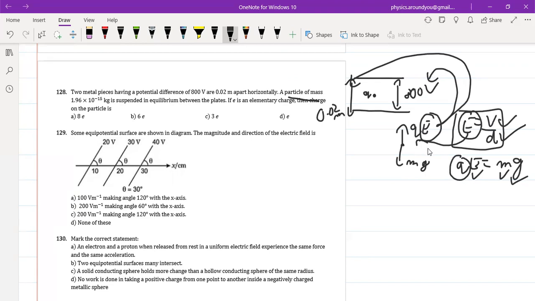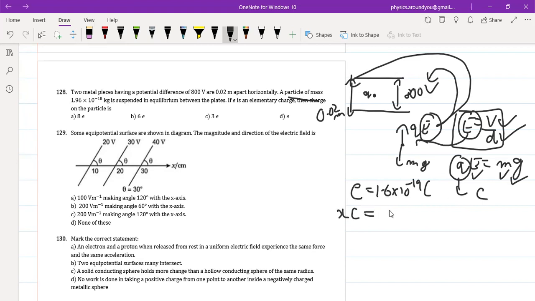What is the charge on that mass? There's a trick. Whatever you get here, it will be in coulombs. We know elementary charge is equal to 1.6 into 10 power minus 19 coulombs. So let us say you have got some x coulombs as the answer.